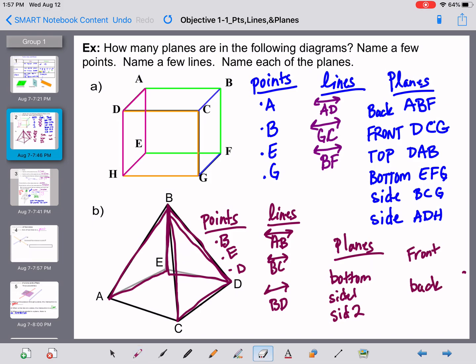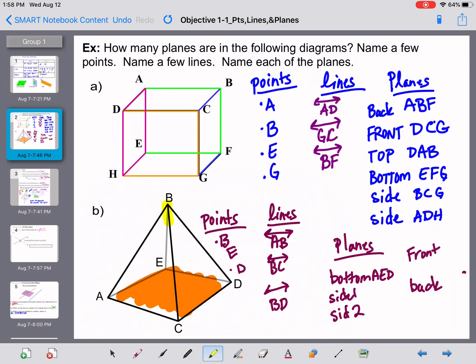I'm going to run out of room here, so you're going to see some erasing. So the bottom one's pretty easy. Here's the bottom. Okay. Let's name it AED. All right, side 1 would be here.